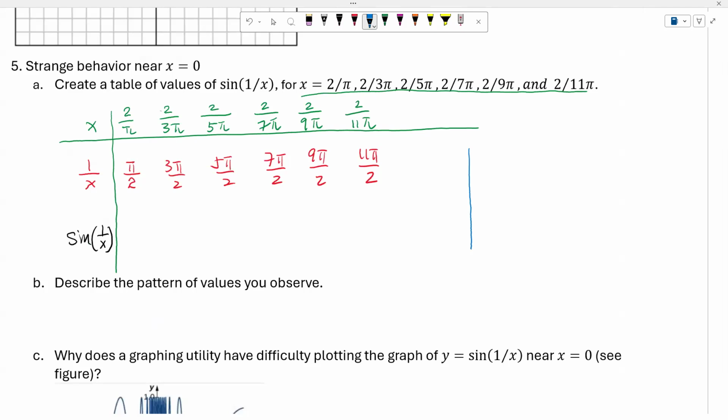And now, if you remember the sine function, then you will see that pi over 2, this one right here, will be the input of sine.